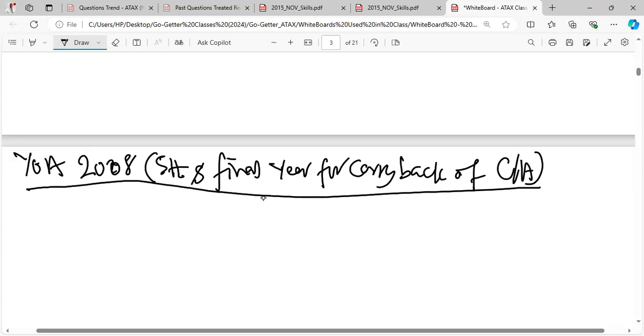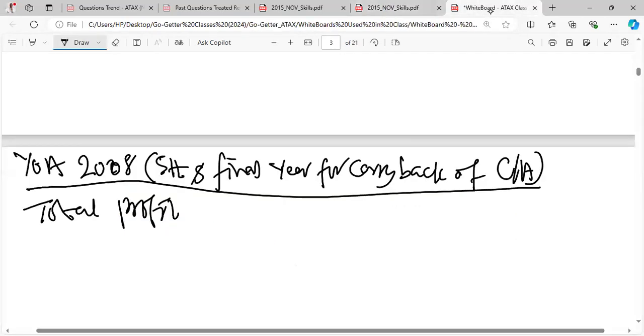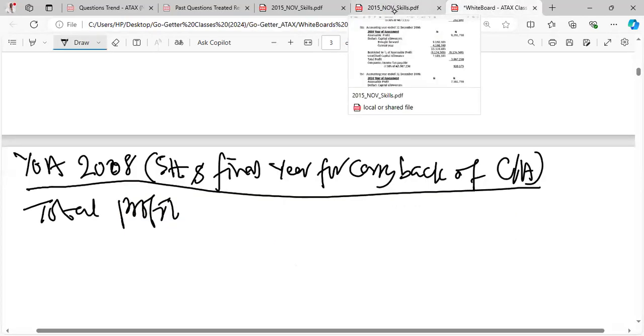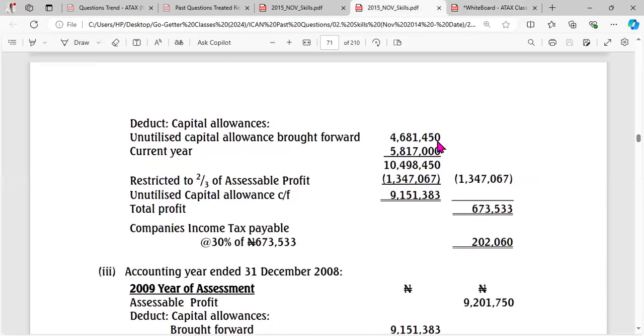So you have your total profit here. How much is it? 3 billion 67. Is it 2009 we are doing? 2008, sorry, because I was looking at what we have done. 2008.